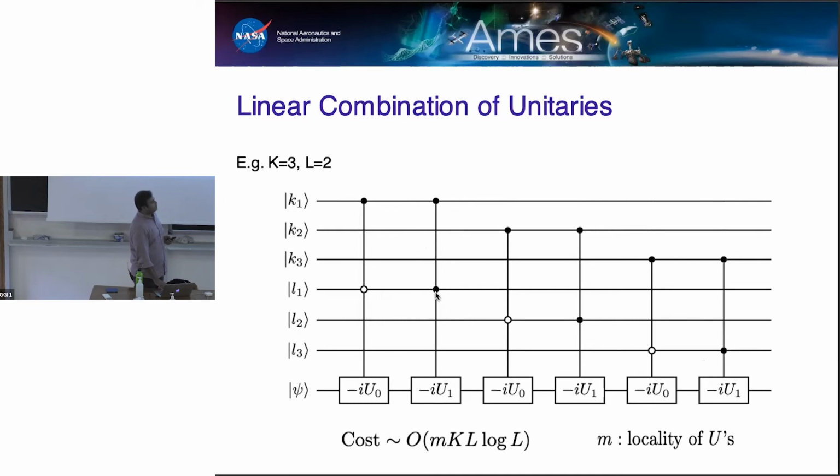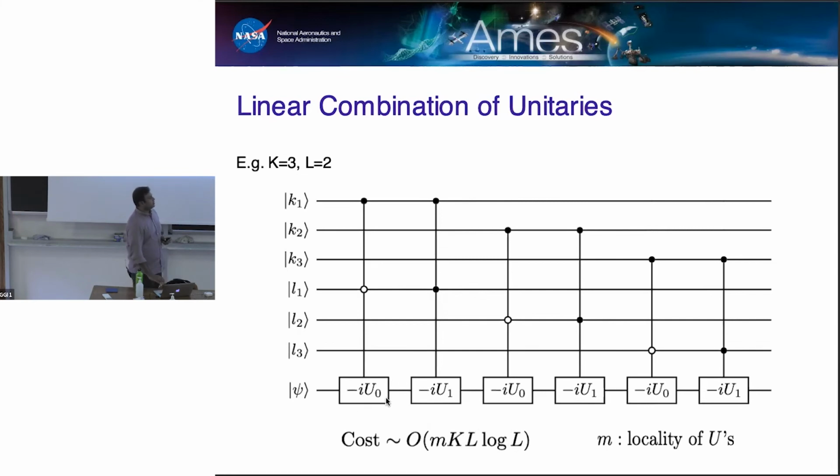Right now we have a very simple example in which this is just a single qubit. But in general, if we have L many terms, then we need to control on the state of log L many qubits. And as I just mentioned, if you have a C to the log L NOT, then this can be implemented using order log L many primitive operations, right? And so that's why we have this log L factor.